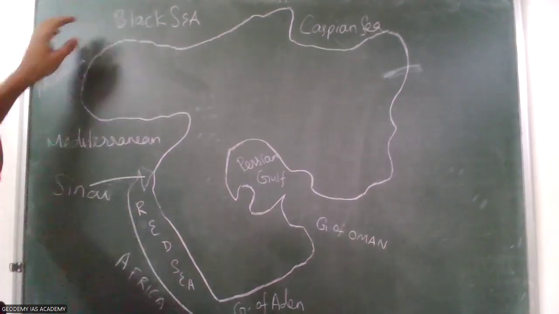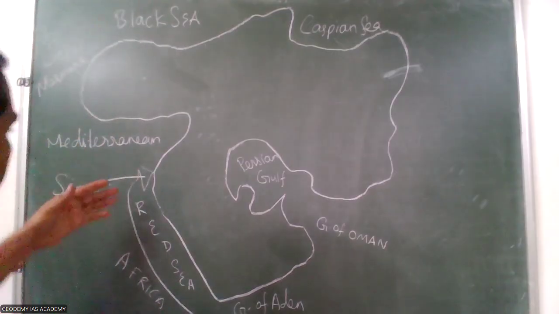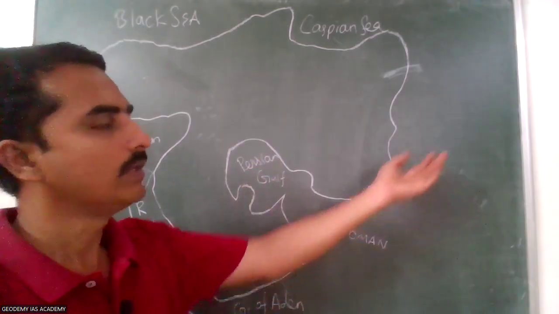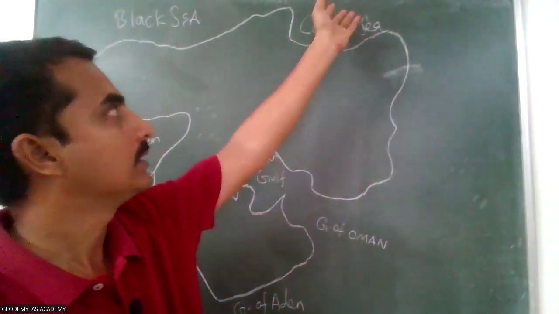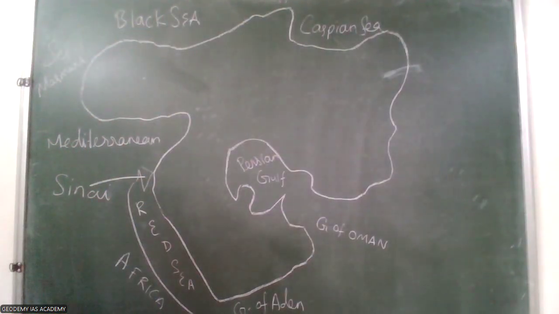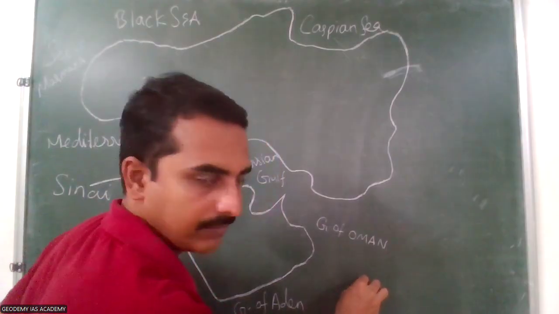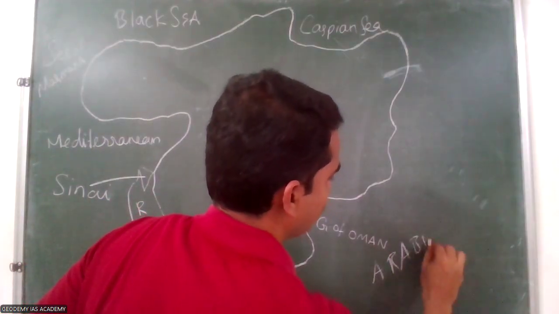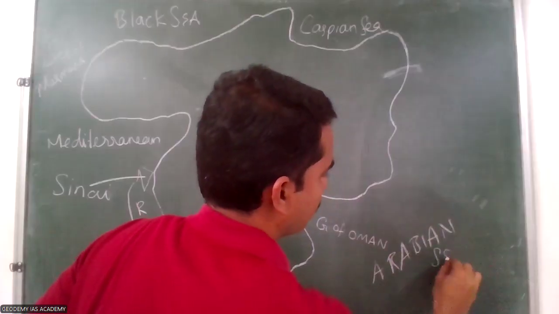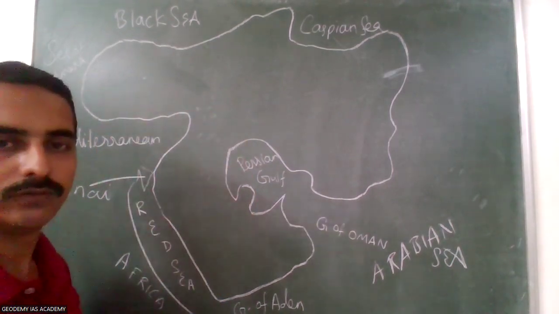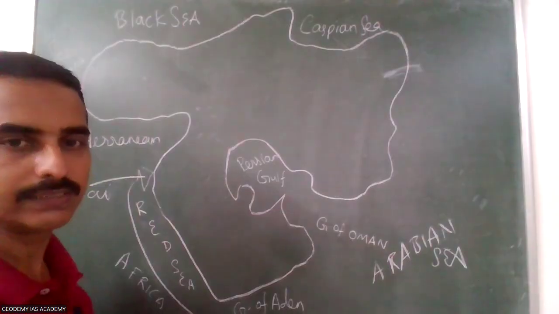So Black Sea, Sea of Marmara, Mediterranean Sea, and here African continent, the Sinai Peninsula, Red Sea region, Gulf of Aden, Gulf of Oman, Persian Gulf, Afghanistan, Pakistan, Caspian Sea, Central Asia. So these are the surrounding regions, and here it is Arabian Sea. Now let us come inside this.